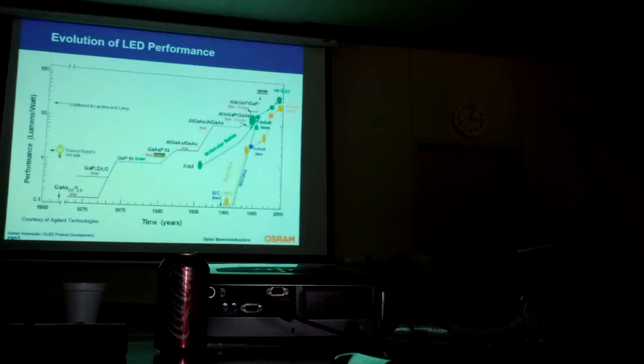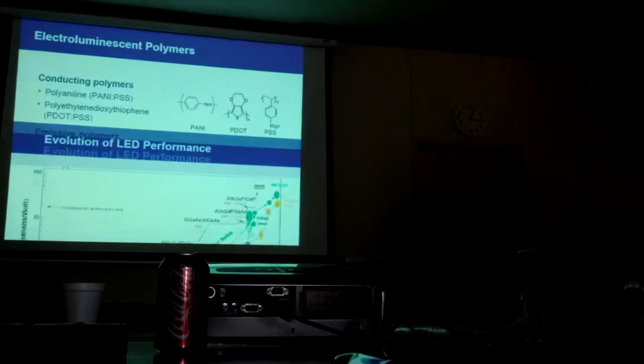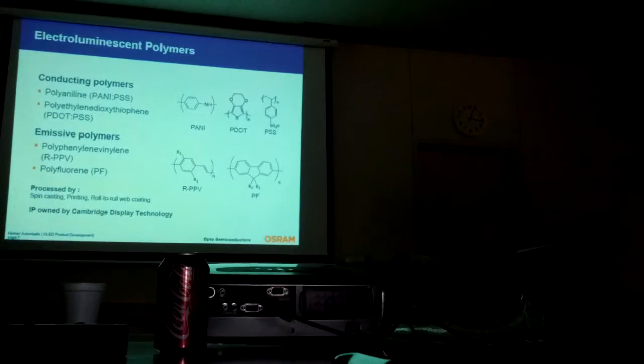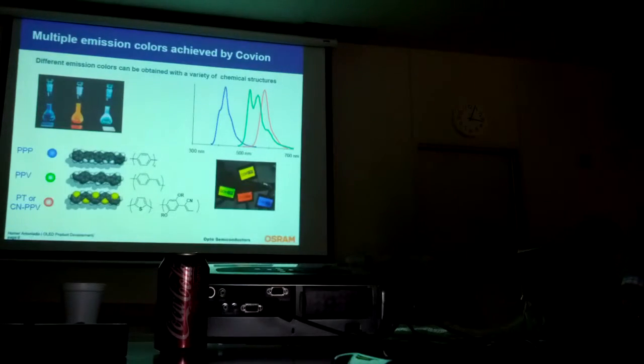This is showing us some of the different chemical compositions. This is actually a pretty good slide here. And then this is giving us a little more about how the polymers are chemically put together. And I won't get into that. I'm not going to walk anybody through that because I don't get it.